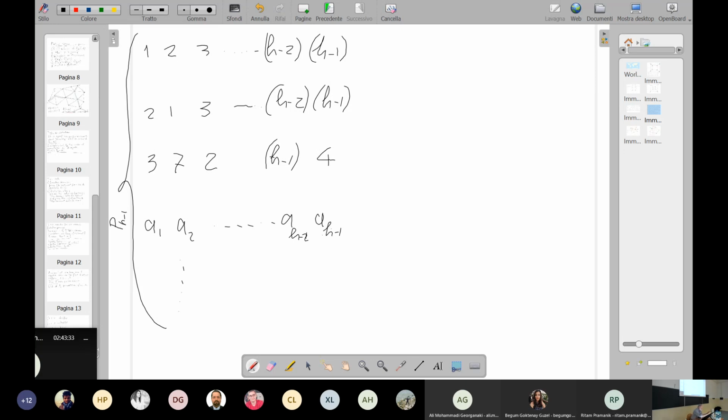Okay, so out of this I get many. In which way? I get h, 1, 2, up to h minus 2, h minus 1, and then 1, h, 2, up to h minus 2, h minus 1.